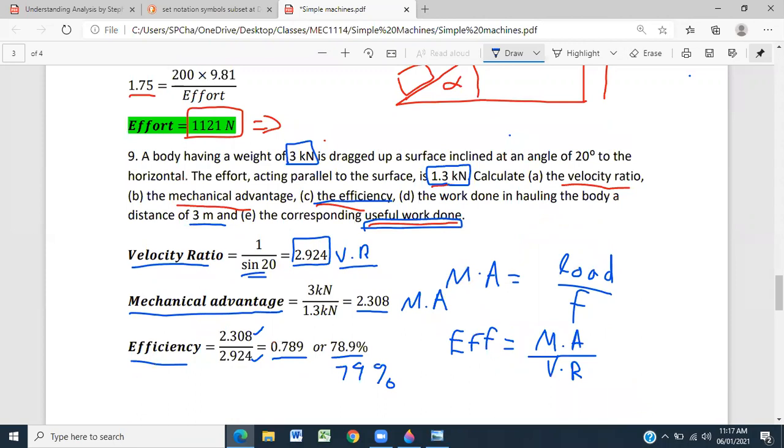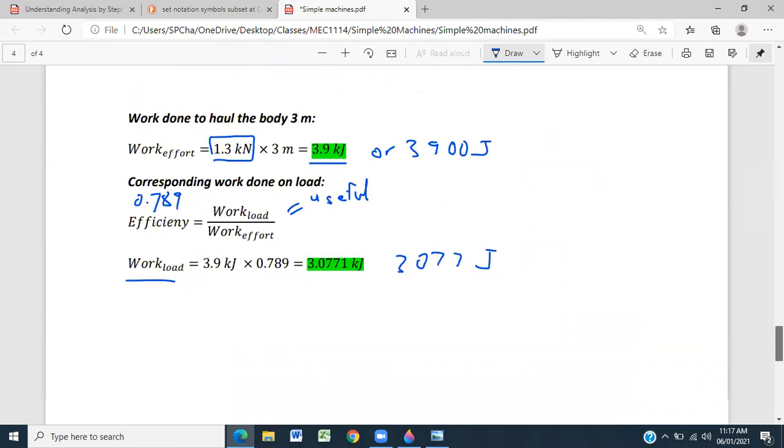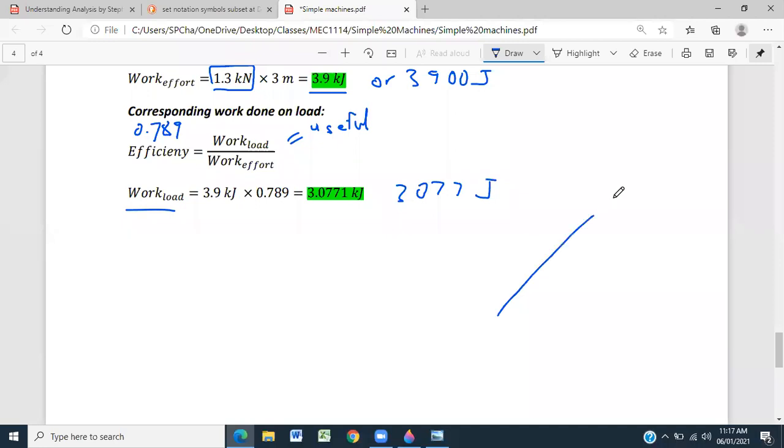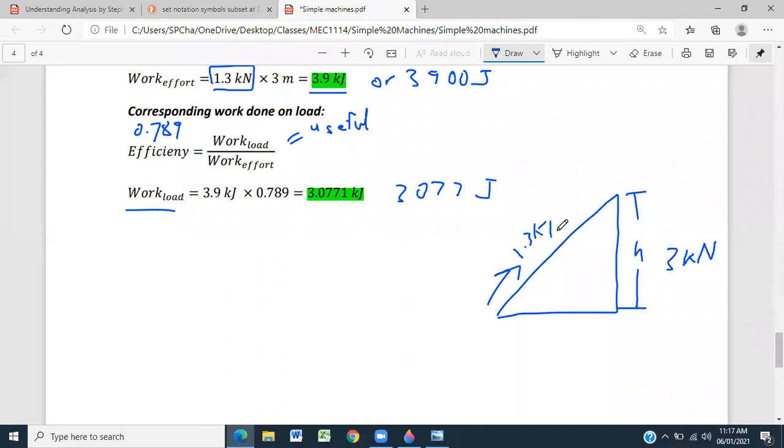Another way to work this question would be finding the distance traveled here, this h, by that 3 kilonewton load. Find what distance this went up. This push here was 1.3 kilonewtons for a length of 3 meters. And we know the angle here is 20 degrees.